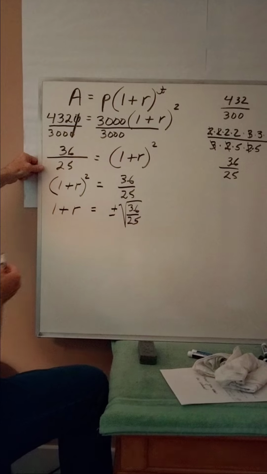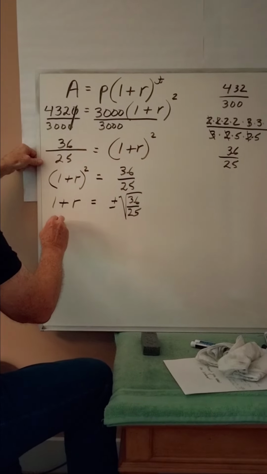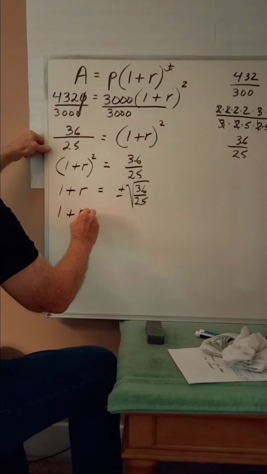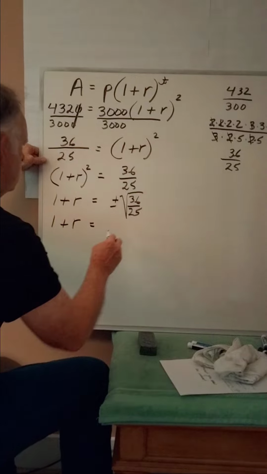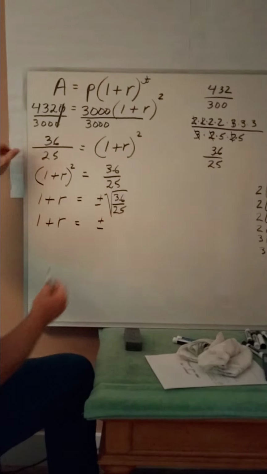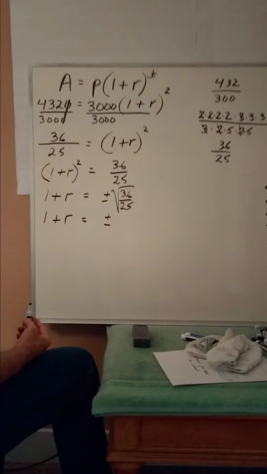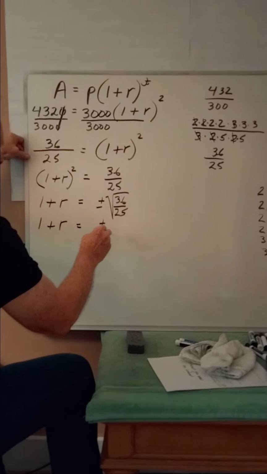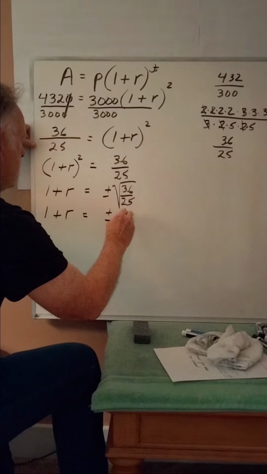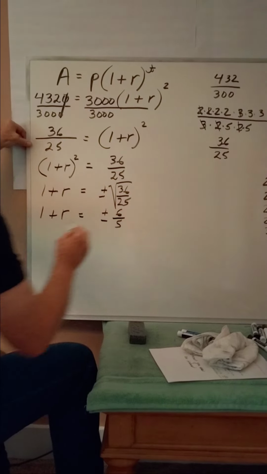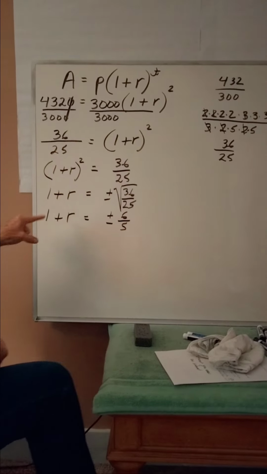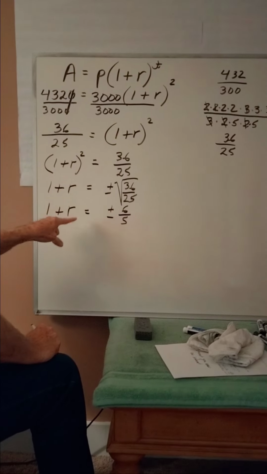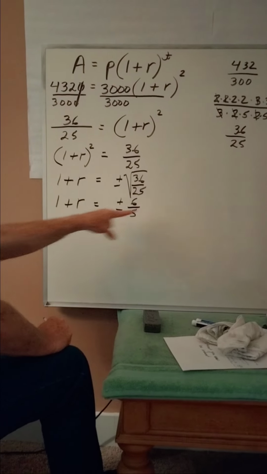And that will come down, and we'll have 1 plus r is equal to positive or negative. Both 36 and 25 are perfect squares. They'll both come out of the house, and we'll have plus or minus 6 over 5. So now, we'll set up 2 equations.